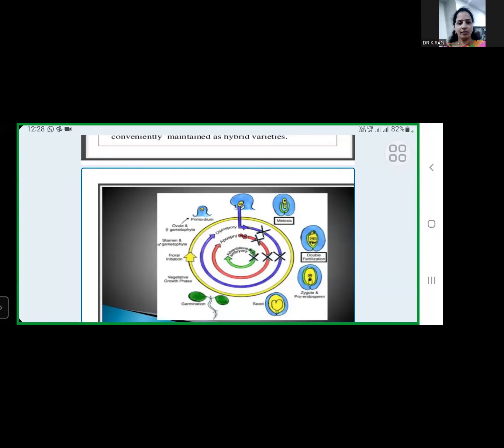Second, only 3 cells are present in the aposporic embryo sac, while the normal cell number is 4: a 3-celled egg apparatus and 1 central cell. This condition can be identified by sections of tissues.